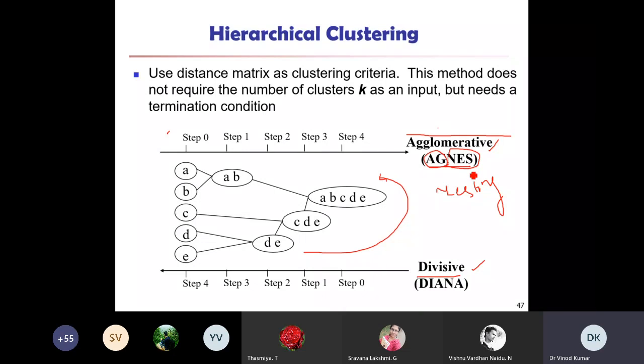Initially in agglomerative, you can see here I am having different items A, B, C, D, E, or any numbers. As MCA students, I can create clusters from your batch using hierarchical clustering.